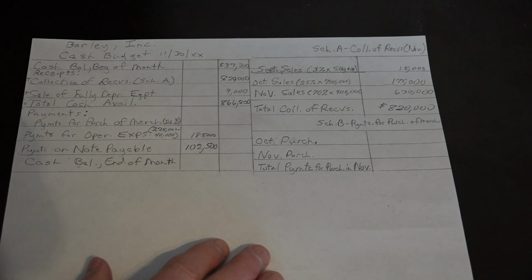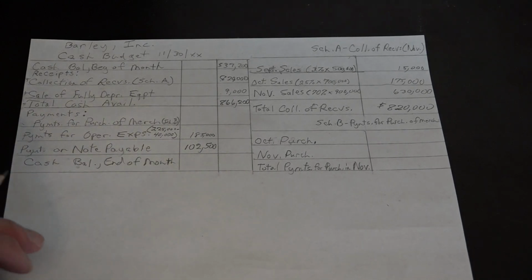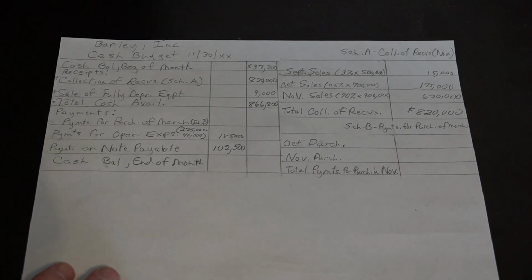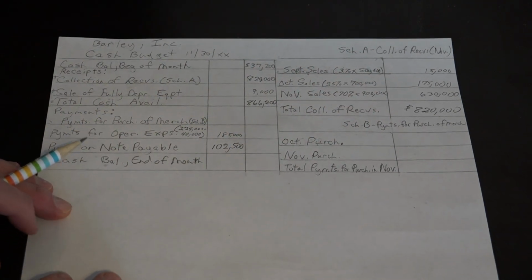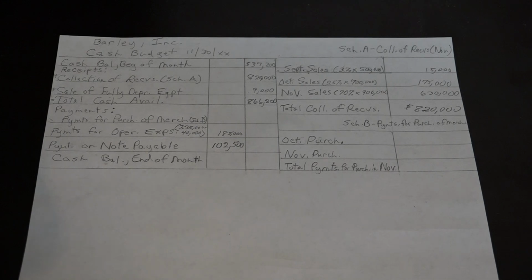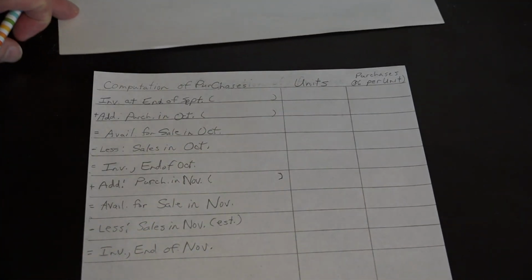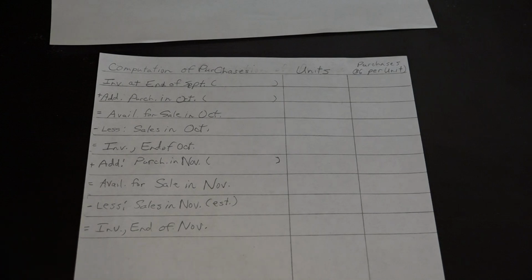So the real big problem here is figuring out the payments for purchases of merchandise, which we'll do with Schedule B. But to get to Schedule B, you have to get to the computation of purchases before you can figure out how much you're going to pay for those purchases, because it says that because purchases are payable within 15 days, approximately 50% of the purchases in a given month are paid in the following month.